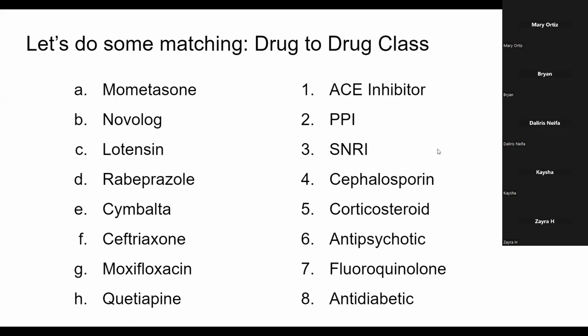It works for quite a lot of people. So what is the generic for Cymbalta? That's the brand name. Duloxetine. Absolutely. The generic is duloxetine.